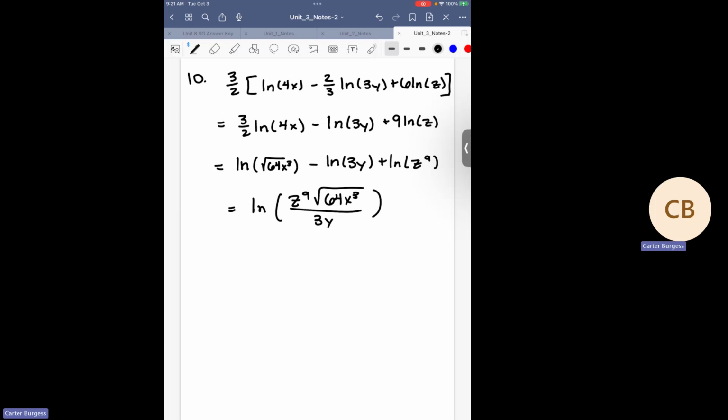And that is certainly sufficient. Right, so positive ends up in the numerator, negative ends up in the denominator, and positive ends up in the numerator. And when I say ends up, I mean is a factor of.